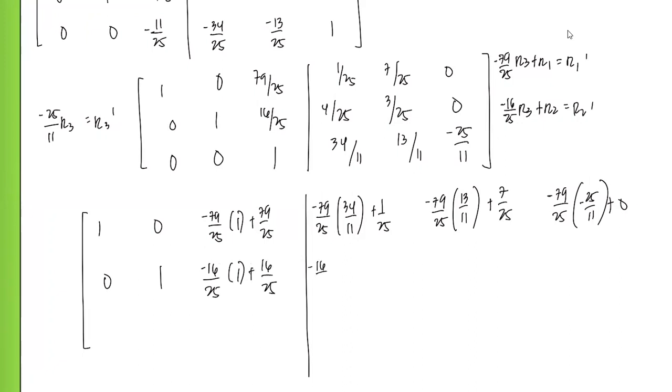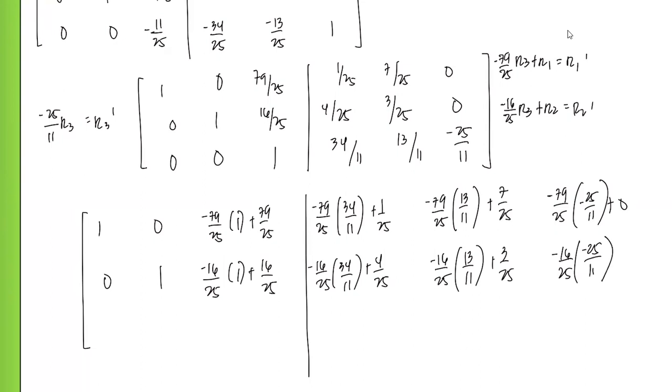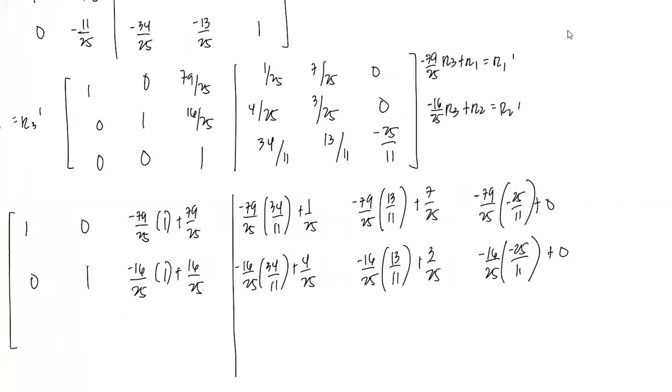Then negative 16 over 25 times 34 over 11 plus 4 over 25. We have negative 16 over 25 times 13 over 11 plus 3 over 25. Then negative 16 over 25 times negative 25 over 11 plus 0.